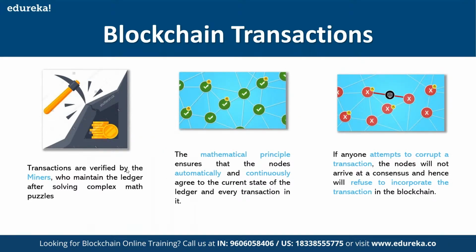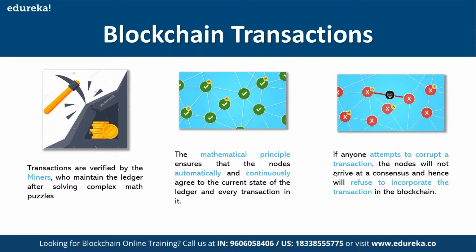As I mentioned, these blockchains are verified by the miners who maintain the ledger after solving complex math puzzles. The mathematical principle ensures that the nodes automatically and continuously agree to the current state of the ledger and every transaction inside it.